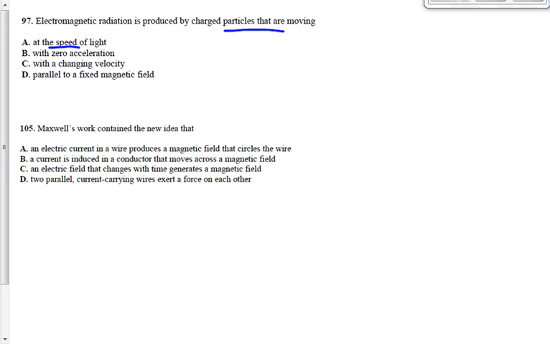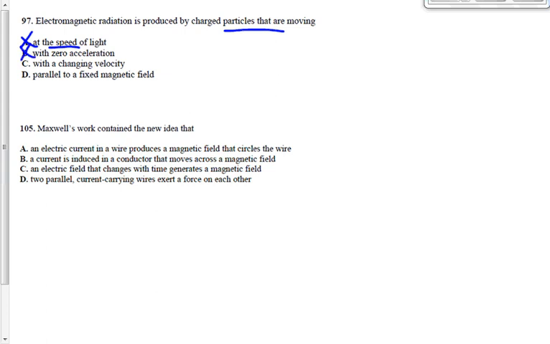But the particle that causes it isn't traveling at the speed of light. What about with zero acceleration? What does that mean? Yeah, it's either stopped or it's traveling at a constant speed. If it's stopped, it'll produce an electric field and a gravitational field, no magnetic field. If it's moving at a constant velocity, it'll produce all three of them, but the electric field and the magnetic field won't be changing. So that doesn't work for us either.